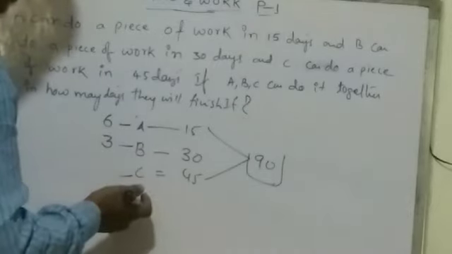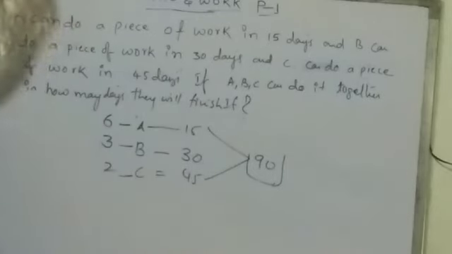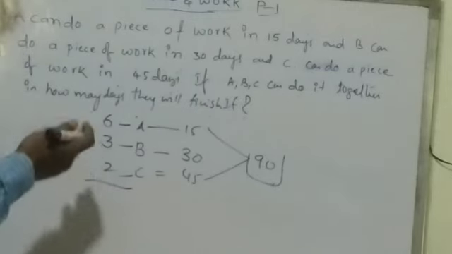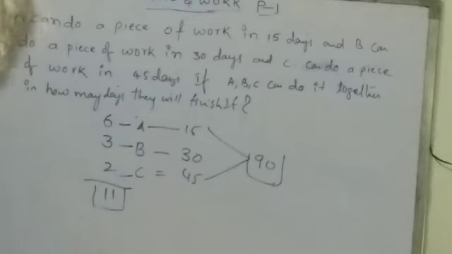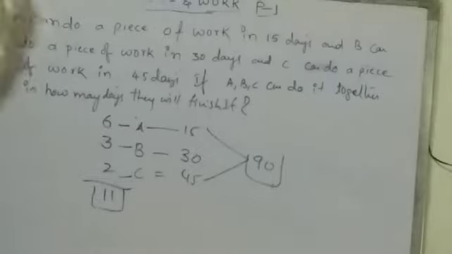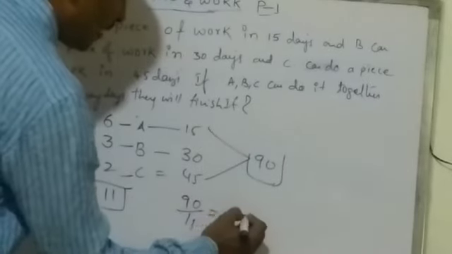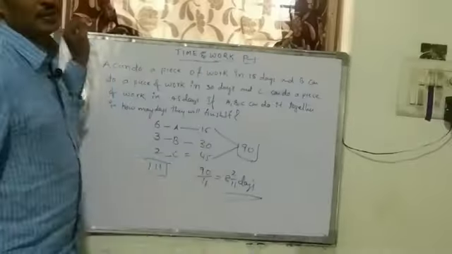Similarly, C does 90 units of work in 45 days, so per day he will do 2 units. So when A, B and C work together, they will produce 11 units per day. They have to finish 90 units, so their required time will be 90 by 11, which is equal to 8 2 by 11 days. This is the shortcut method.